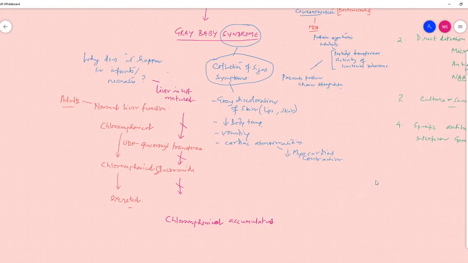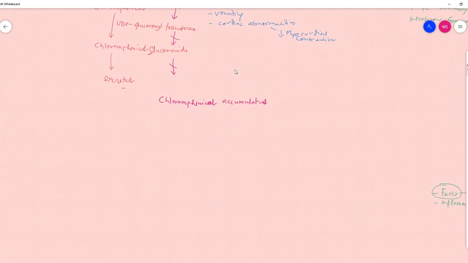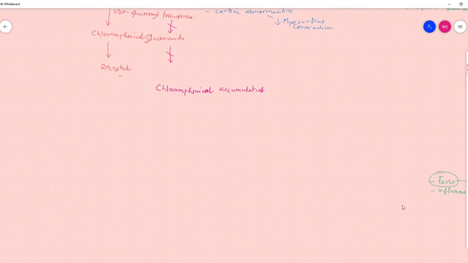Okay, so if it accumulates, what happens? What does it do? It blocks the electron transport.